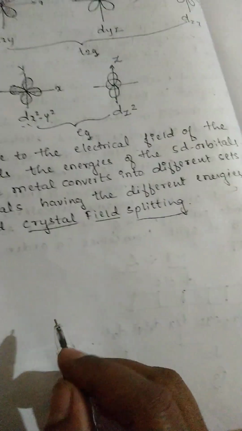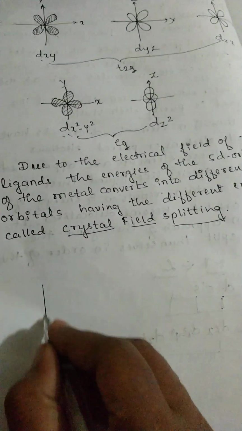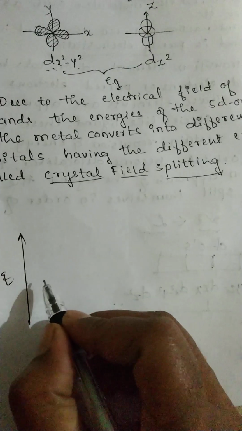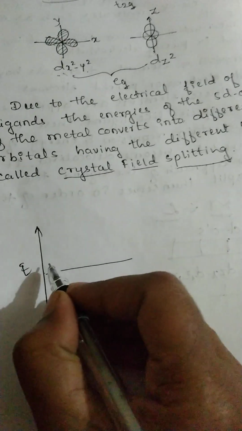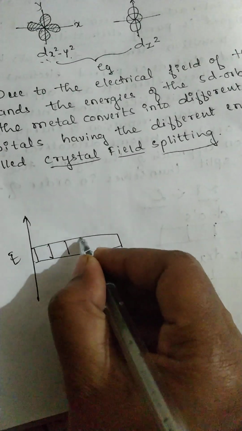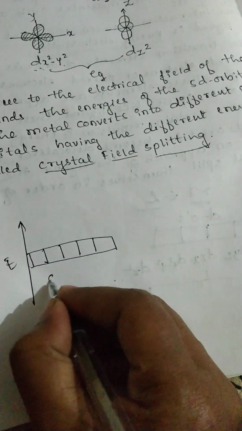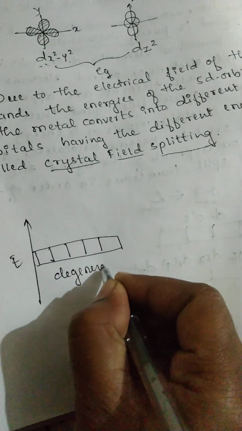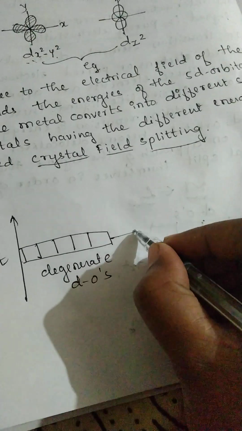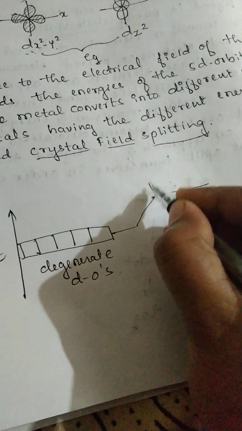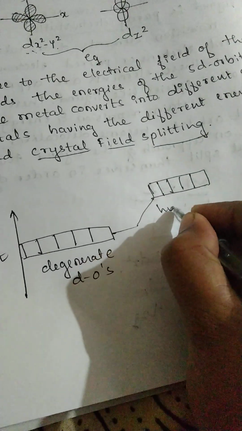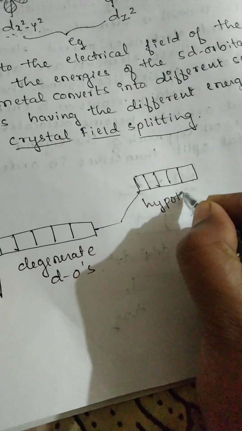Before that, let's consider the d orbitals. These are called degenerate d orbitals, a hypothetical degeneracy.